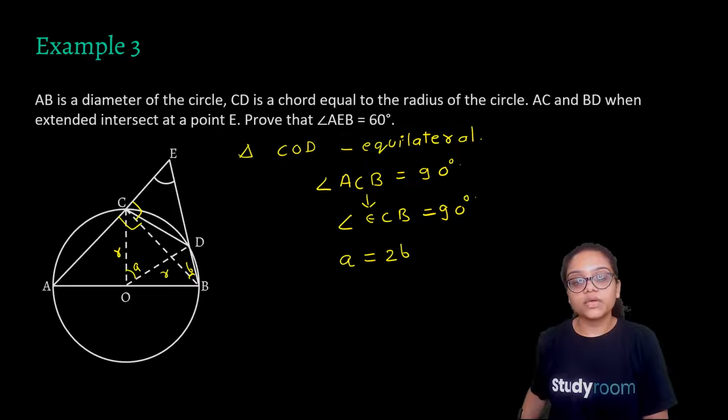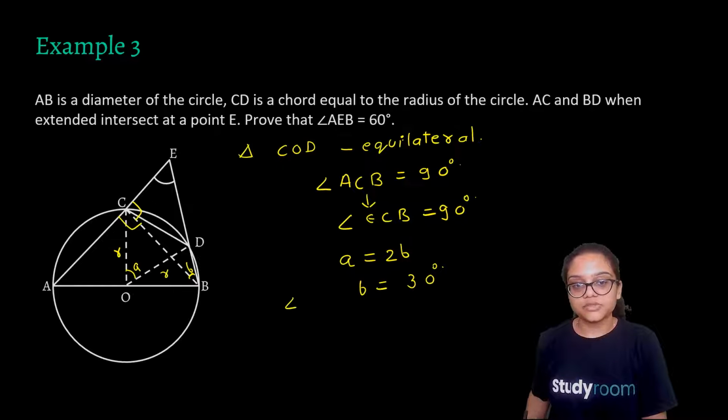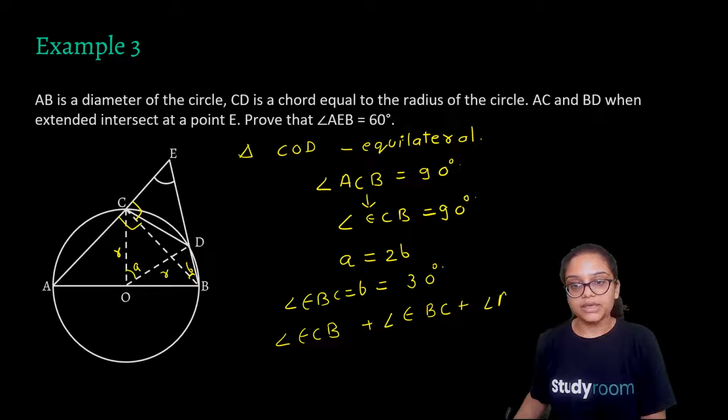And we already know A is 60 degrees, which leads to B being 30. Okay. Now we have already found angle B, which I am naming here as angle EBC, or DBC. So we already know the angle sum property of triangle ECB: 90 degrees, plus angle EBC, plus the angle which we need to find, AEB, is equal to 180 degrees.